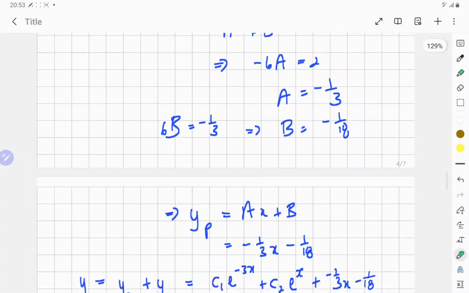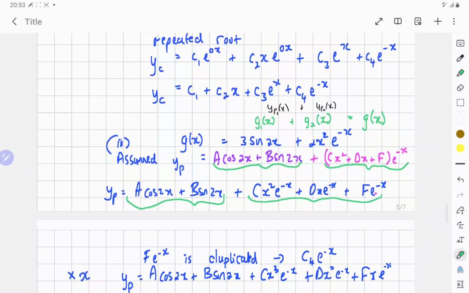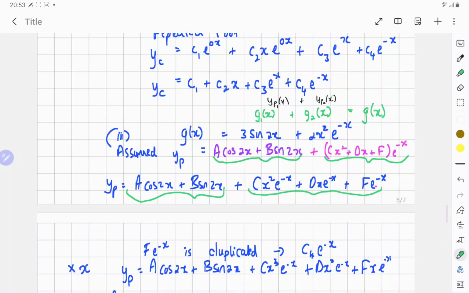So let's just go back here, and what do we see? We see that for 3 sine 2x, the corresponding assumed particular form is a cos 2x plus b sine 2x.